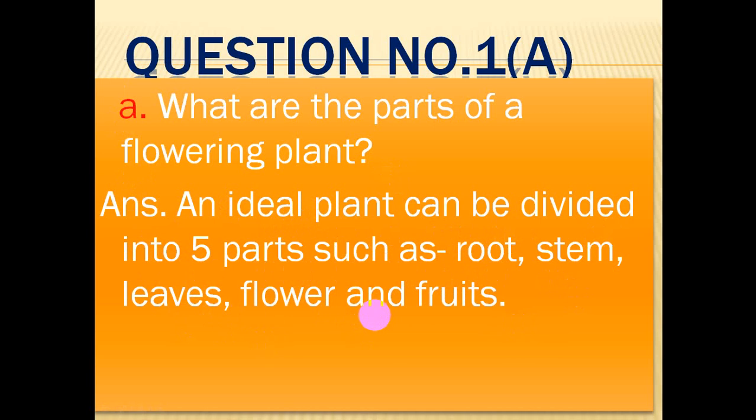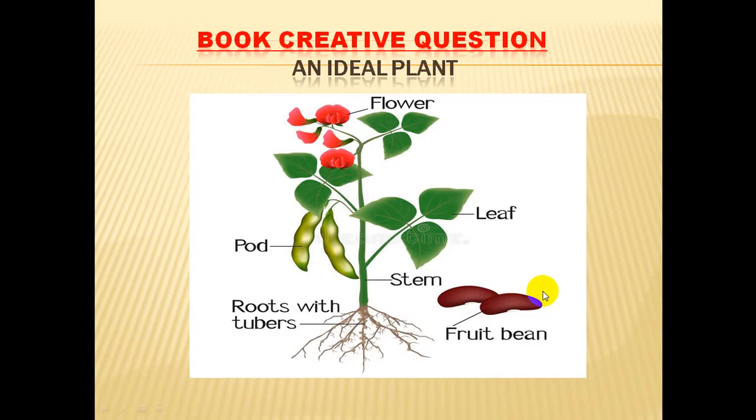The plant has different parts, and among these, these 5 are the main parts of a plant. Ideal means what? That means a plant which contains all kinds of body parts. So that plant is called an ideal plant.